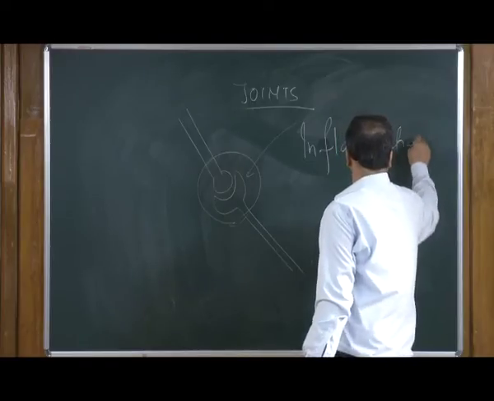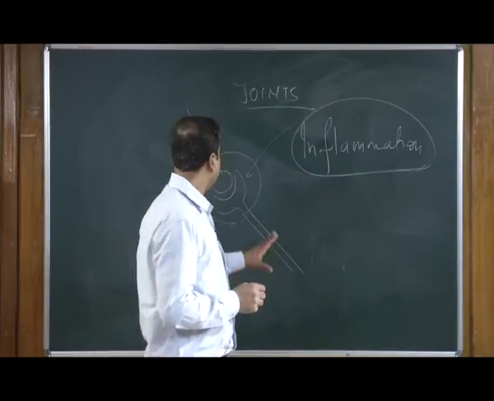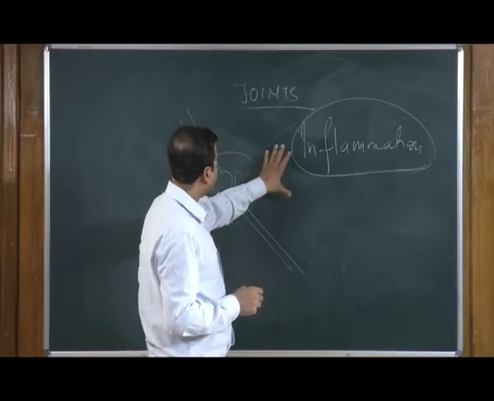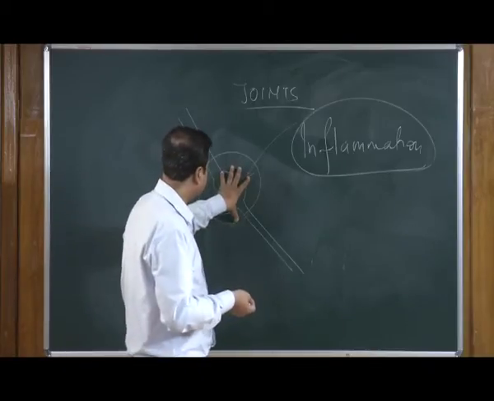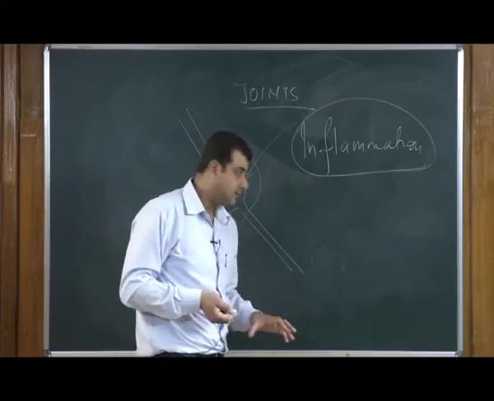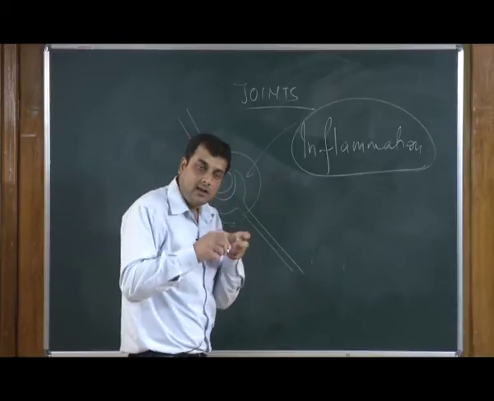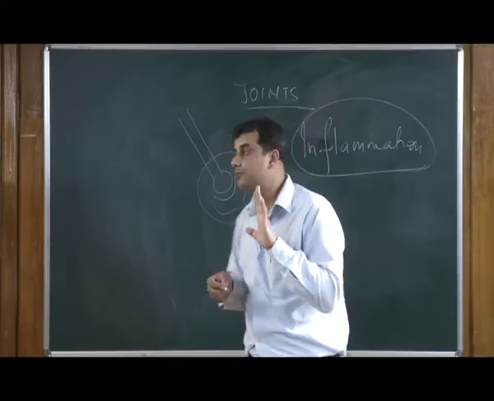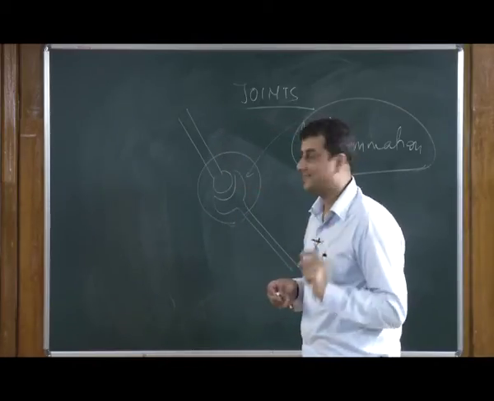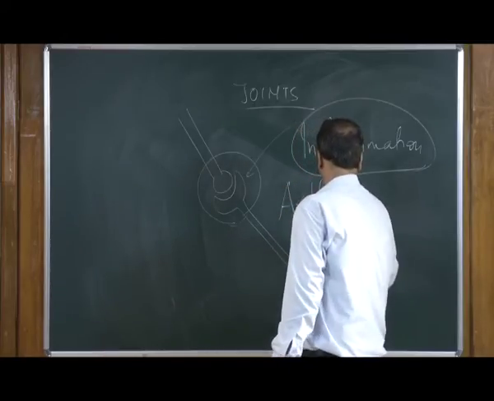So inflammation is nothing but a problem associated with the infiltration of inflammatory cells. That is, the body's immune cells come to the site in order to nullify the effect, and because of this the whole joint gets pain and other disturbances. Inflammation of joints is called arthritis.